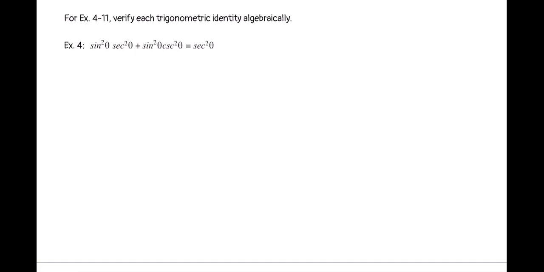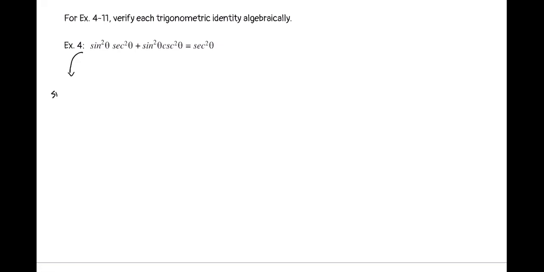What would people like to try? Converting things to sine and cosine? Yeah, that's definitely one of the strategies that I was going to try. So let's go that way.